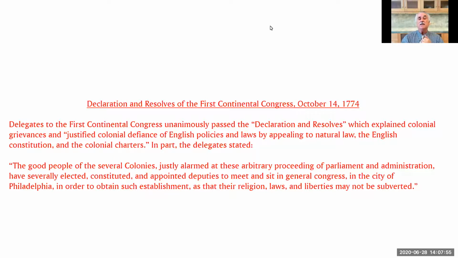In part, the delegates said this, quote, "The good people of the several colonies, justly alarmed at these arbitrary proceedings of Parliament and administration, have severally elected, constituted, and appointed deputies to meet and sit in General Congress in the city of Philadelphia in order to obtain such establishment as that their religion, laws, and liberties may not be subverted."